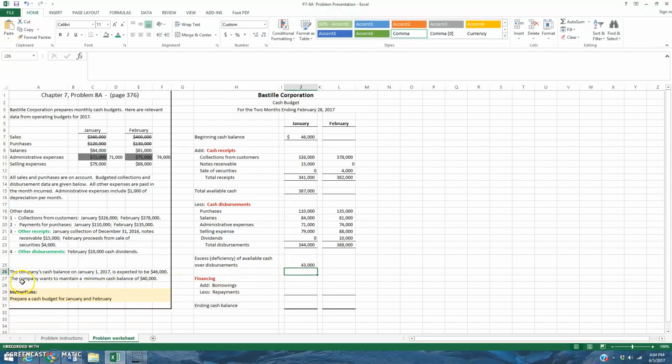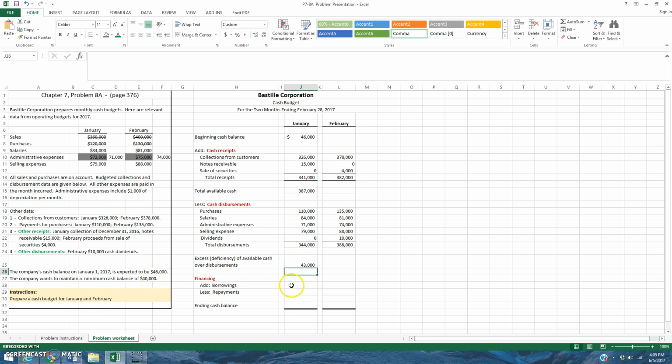Now we look back at our instructions, and it says the company wants to maintain a minimum cash balance of $40,000. So at all times they want each month to have a minimum cash balance of $40,000. We can see that our excess of available cash over disbursements is $43,000, so we are above that $40,000.